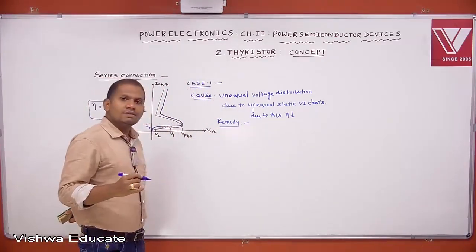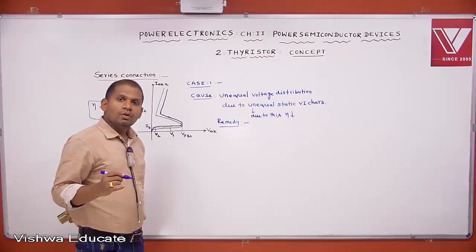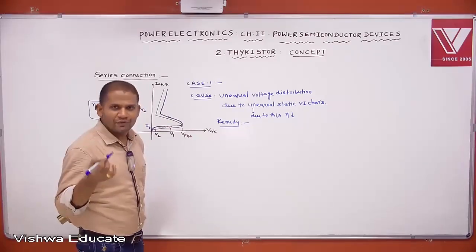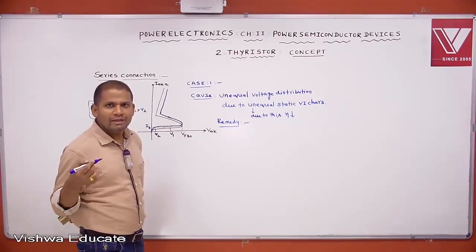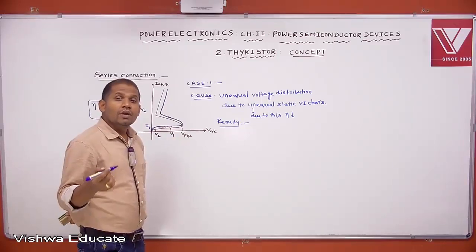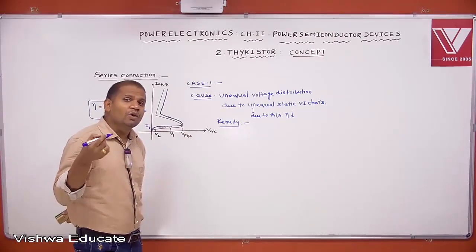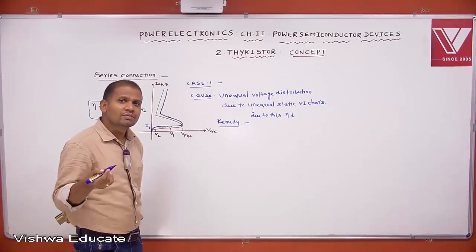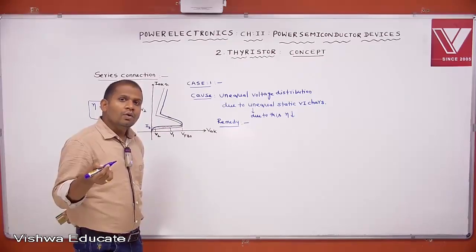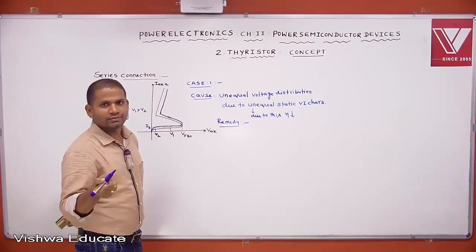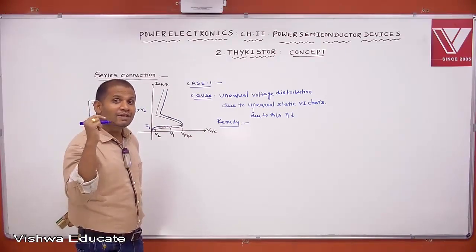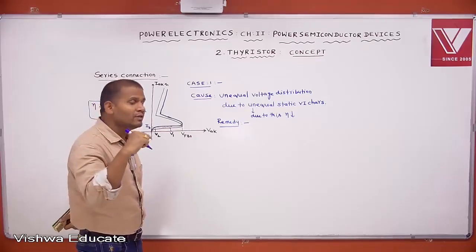Now remedy means to improve the string efficiency. If you want to improve the string efficiency, you want to equalize the voltage distribution. Clear? What is the reason for string efficiency reducing?